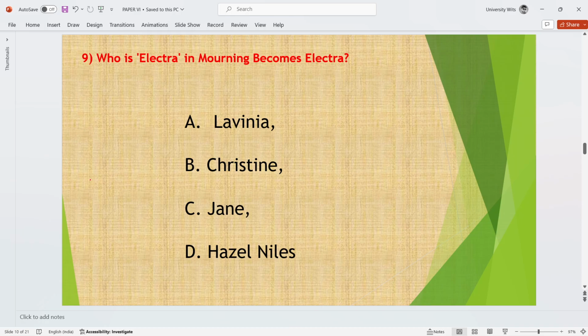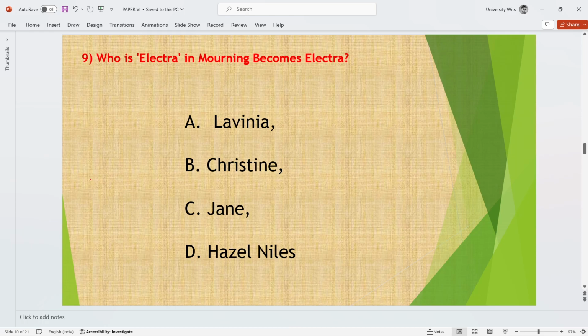So the right option is Lavinia. Why Lavinia? Because in this particular play, if I talk about the other characters, Christine is Lavinia's mother, who parallels Clytemnestra from the Greek play. Jane and Hazel Niles are not central characters in the play, and they don't represent Electra, because Electra is a central character.